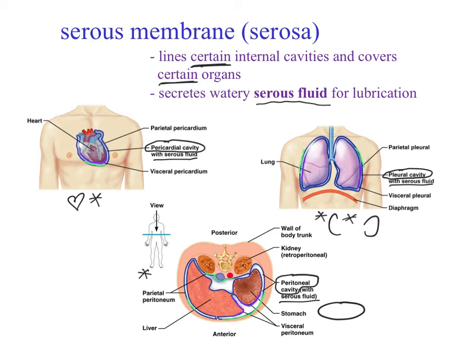Imagine if your heart beating all day, every day, if you had two membranes rubbing against each other, the heat that would build up from that friction. Doesn't happen thanks to the serous fluid secreted by the serosa.